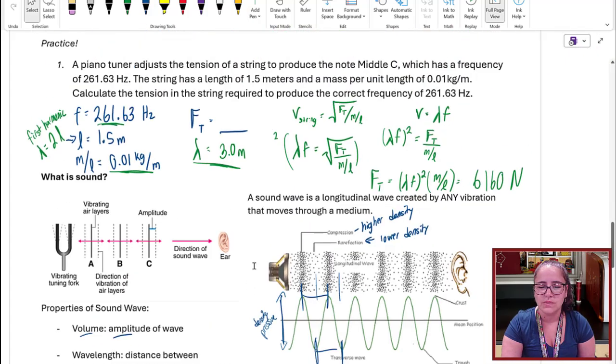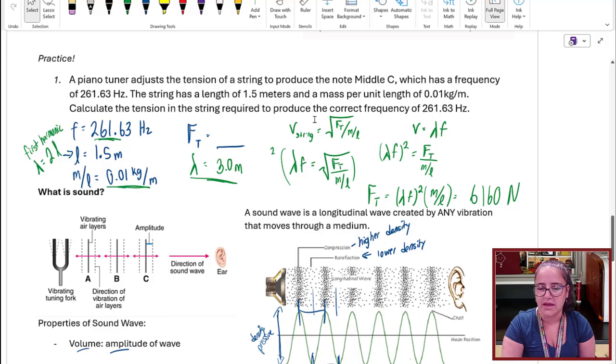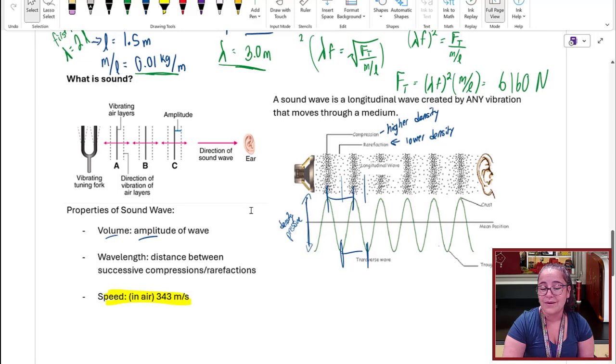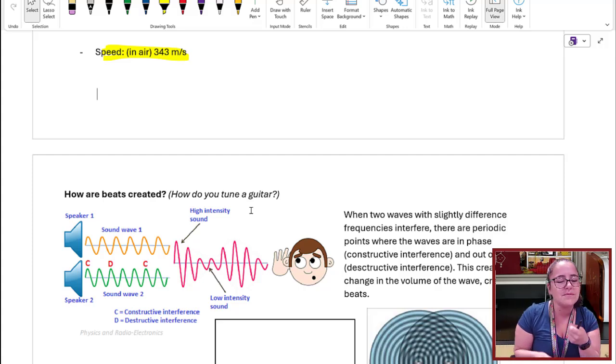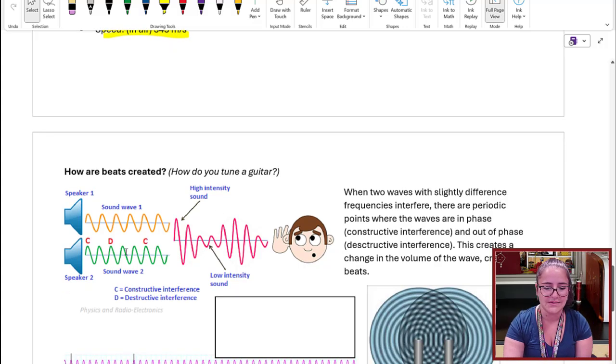Now, we talked a little bit about tuning the piano, and how we can adjust the strings to do that. How we actually figure out how to do that has to do with beats. Now, I'm not talking about the beat that a musician might lay down under their track. I kind of am. But this is a beat that's created by two slightly different frequencies.